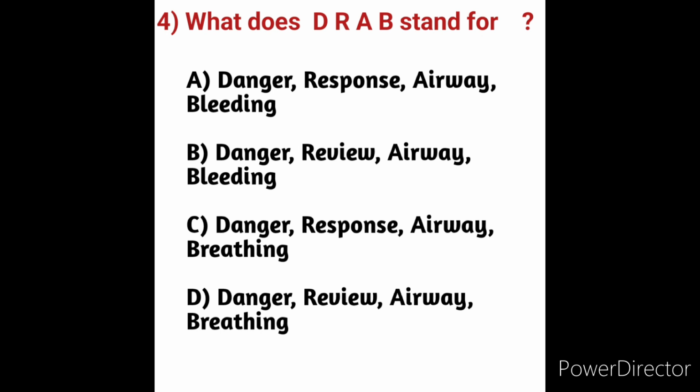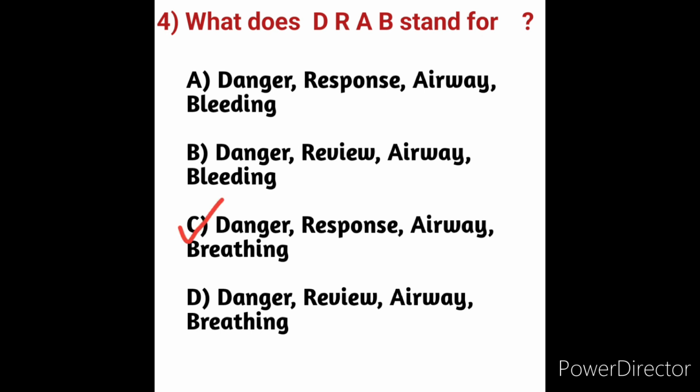Here DRAB means the elements of the primary survey. We will see them one by one. First step is danger: assess the situation for any danger. Second step is response: check whether the victim has any response or not.